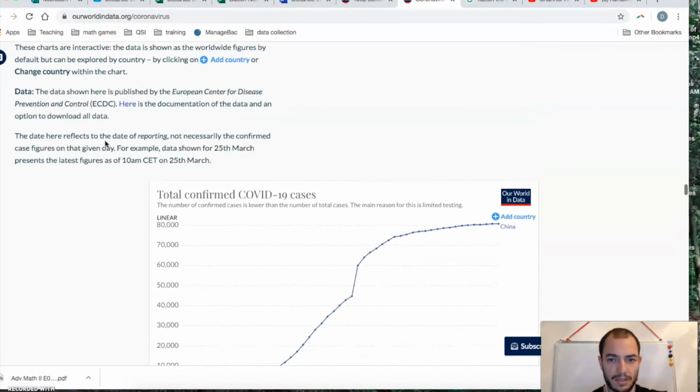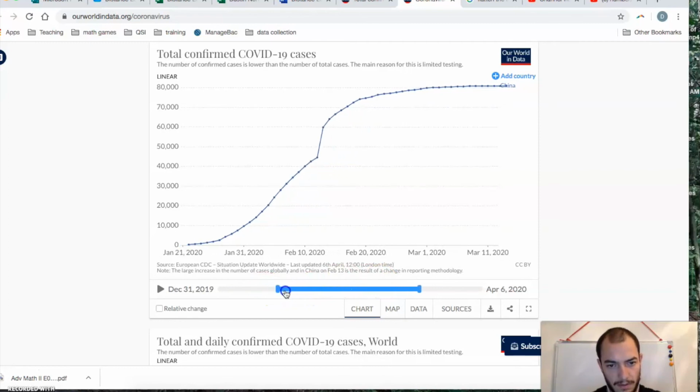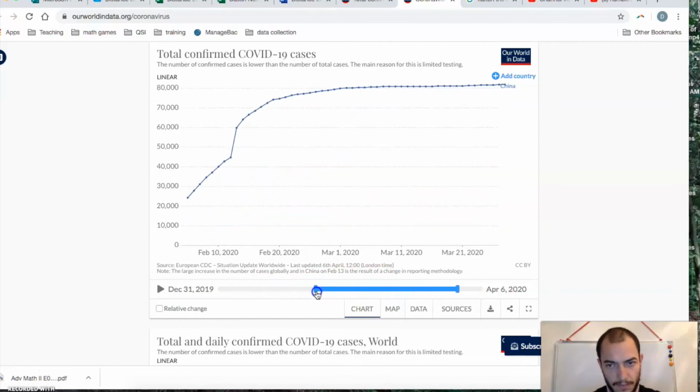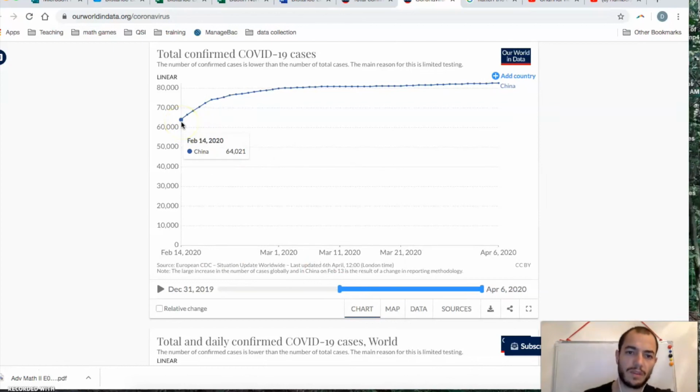So let's take a look at what actually happened so far and see how realistic that is. I can change my x-axis here. On February 14th, we had 64,000 total cases, and yesterday, April 6th, we had 82,600.